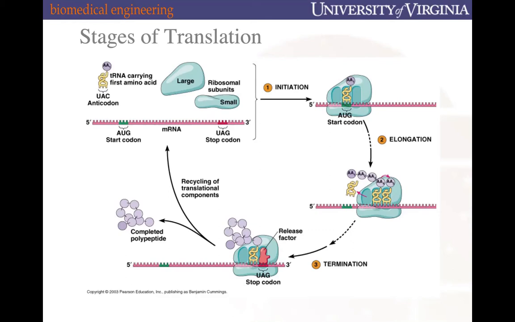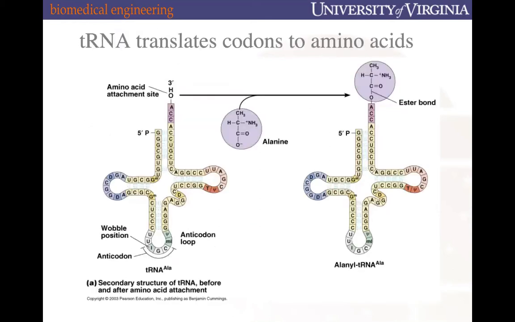So in addition to going into detail on each of those phases, we're also going to try and provide a little bit more detail on each of the characters that are involved with translation. The first is to focus a little bit more attention towards the transfer RNA. The transfer RNA translates the specific codons and provides the amino acid that's encoded for it.